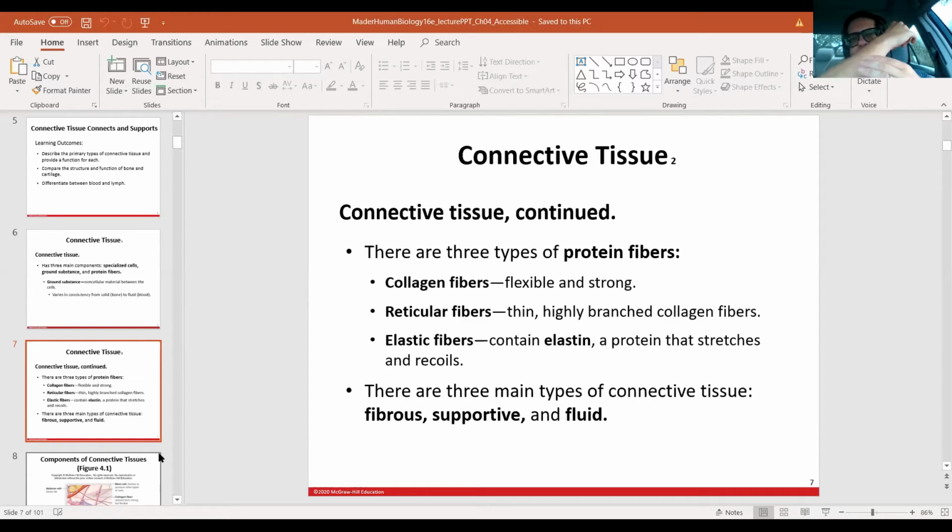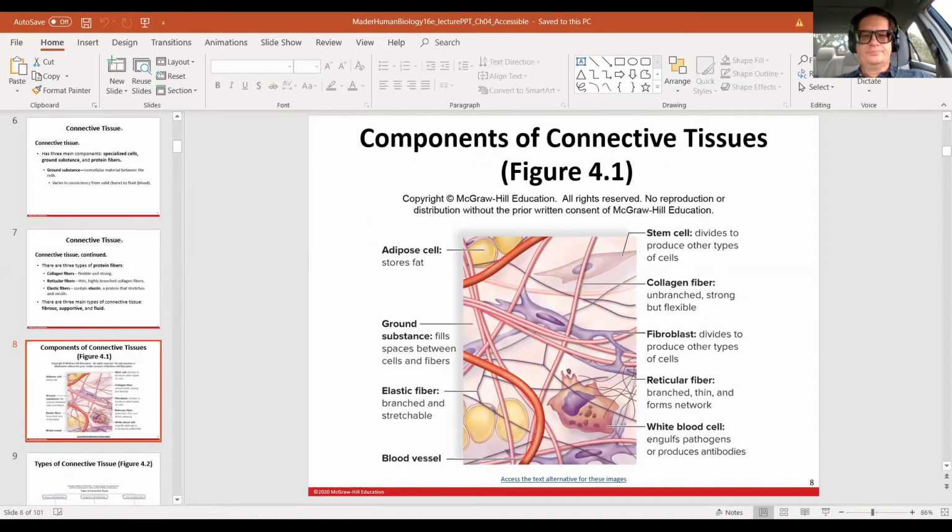If a real old person does, their skin's like parchment thin and it tears instead of stretching and coming back. Well, as we get older, it's harder to make this elastin, this stretchy protein. Anyway, so it says three main types of connective tissue are fibrous connective tissue, supportive, and fluid. Fluid, of course, blood. Let's move on.